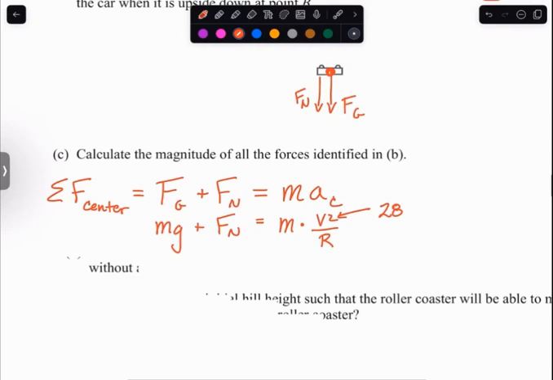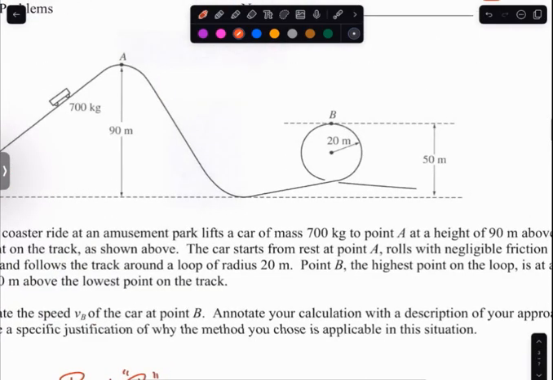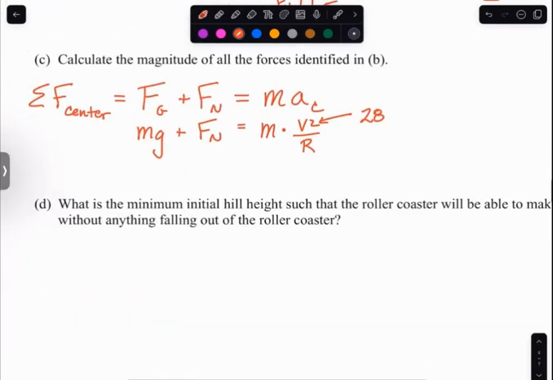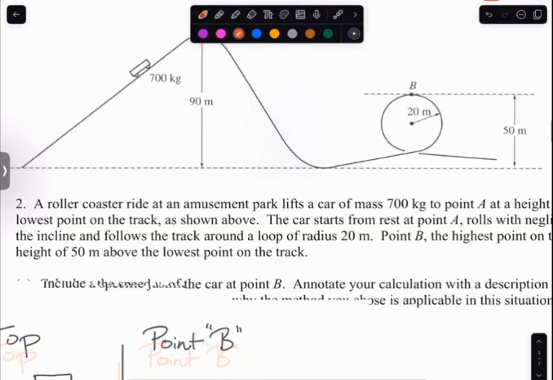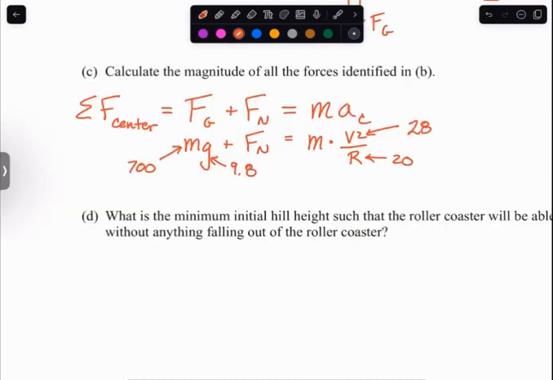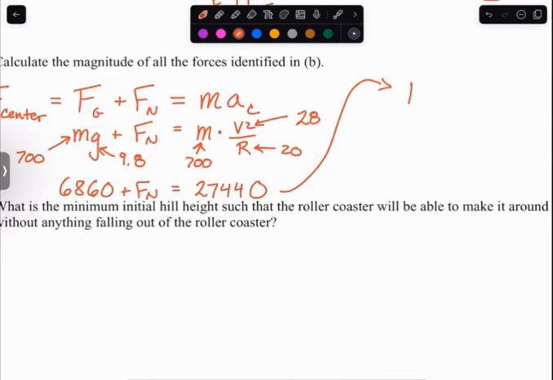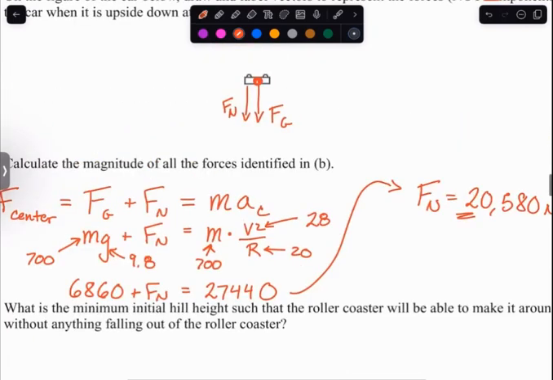R is the radius, which is 20. Our mass was 700. So we're going to plug all the numbers in, and you get a normal force of 20,580. And because it's positive, that means that we guessed the right direction.